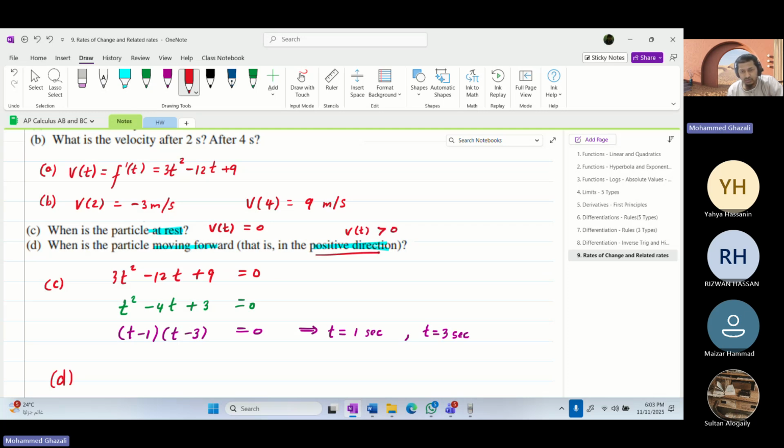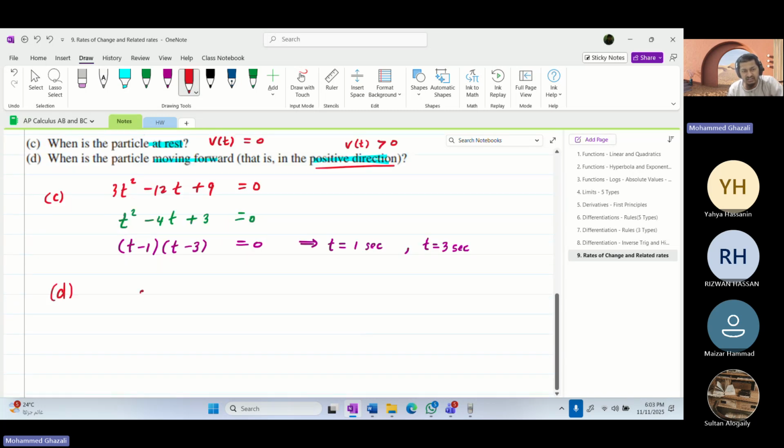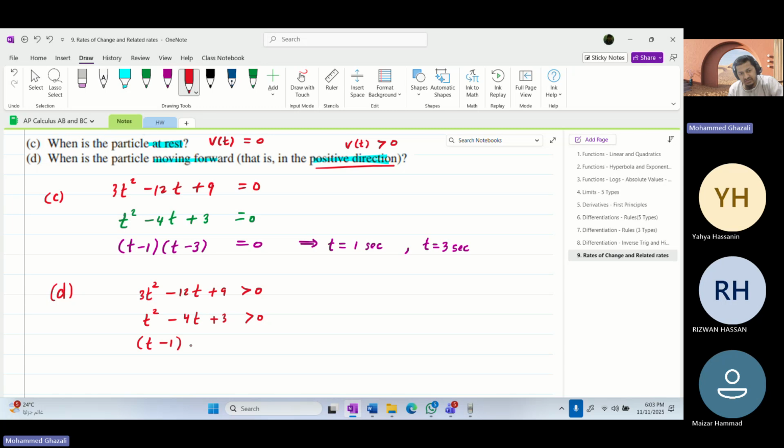Obviously we can draw a diagram and get both the positive and the negative. So we need to say 3t squared minus 12t plus 9 is greater than 0. Now, if we solve this, we get t squared minus 4t plus 3 greater than 0. So t minus 1, t minus 3 is greater than 0. Now, how do you solve this inequality? We draw a number line.